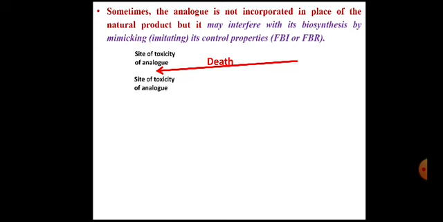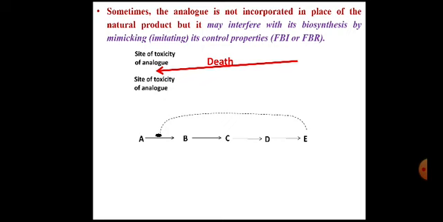By mistake I haven't filled the boxes properly: the first box is the site of toxicity of the analog, and the second box is the site of control by the normal control metabolite. That is very important, and only if these two sites are the same is there a possibility of overproduction of the end product of an unbranched pathway.